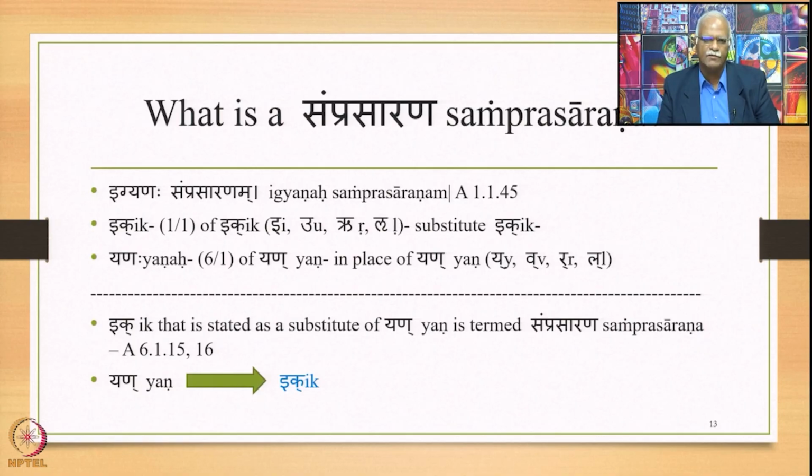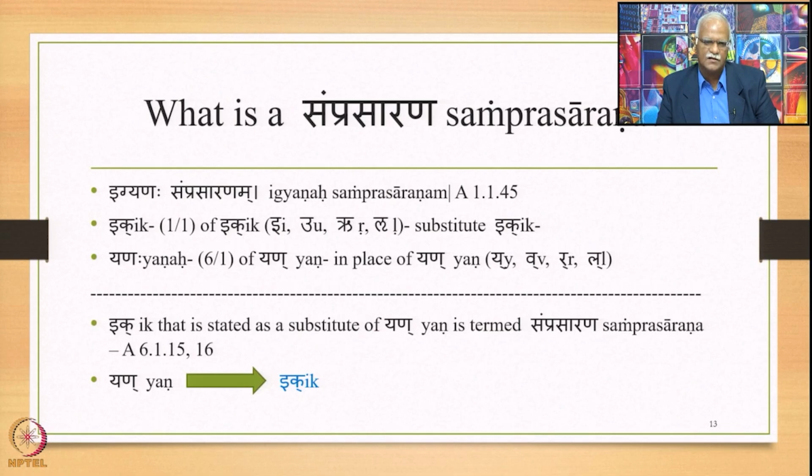Yanaha is 6/1 of Yan. Yan is another pratyahara meaning Ya, Va, Ra and La. So Yanaha means in place of Yan. So the sutra means ik, that is stated as a substitute of Yan by the sutra is termed Samprasarana.